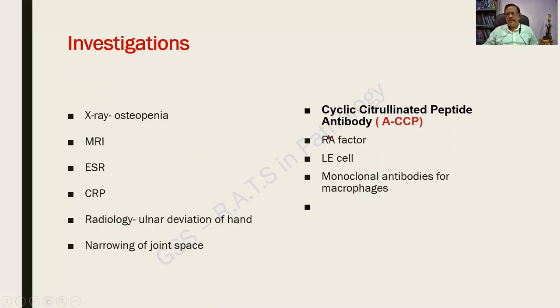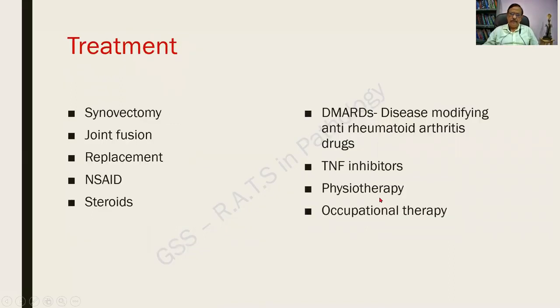There's a rheumatoid factor, which is classical, RA factor. This can be seen in rheumatoid arthritis, sometimes in SLE. 75% of the cases are positive. LE cell again is a prototype cell, which can be seen in rheumatoid arthritis, as well as SLE, where it is mainly seen. Monoclonal antibodies for macrophages. These are something specific that can be done in the laboratory to make a diagnosis.